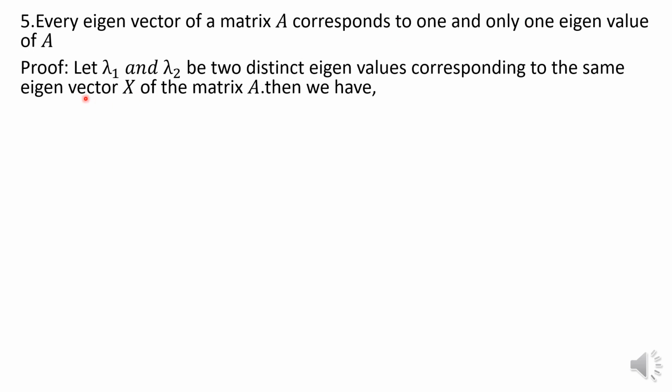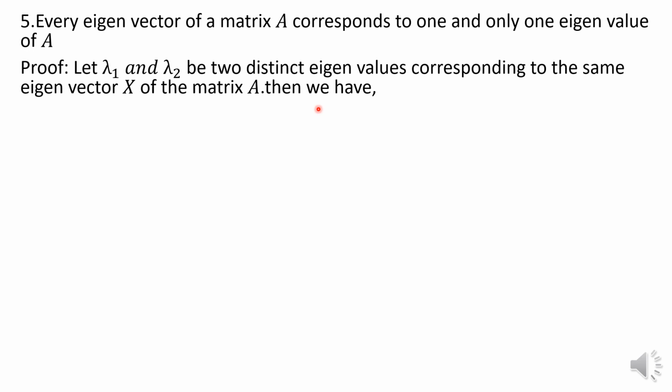So what I am doing here is, take lambda 1 and lambda 2 to be two distinct eigenvalues corresponding to the same eigenvector x. There is an eigenvector x, and for this eigenvector x, I am assuming lambda 1 and lambda 2 are two different eigenvalues.